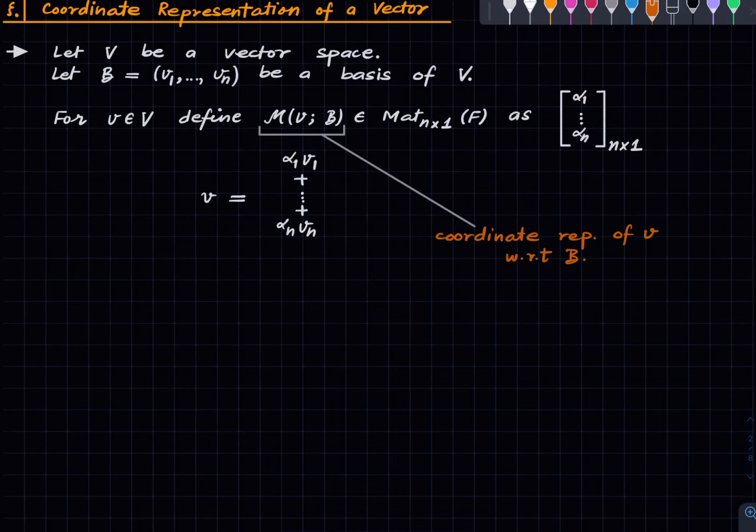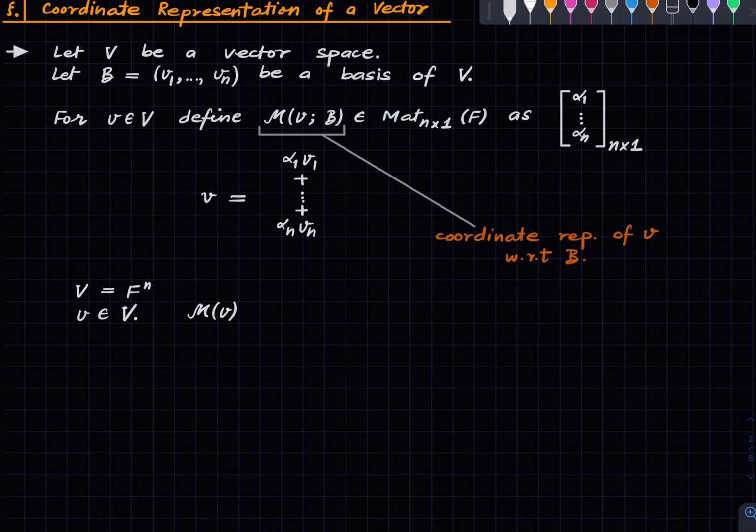The coordinate representation of the vector V with respect to the basis B. And again, if we were working with F to the n, and we were given some vector V, either we write capital V or F to the n, it doesn't make a difference. In that case, we may not write anything.